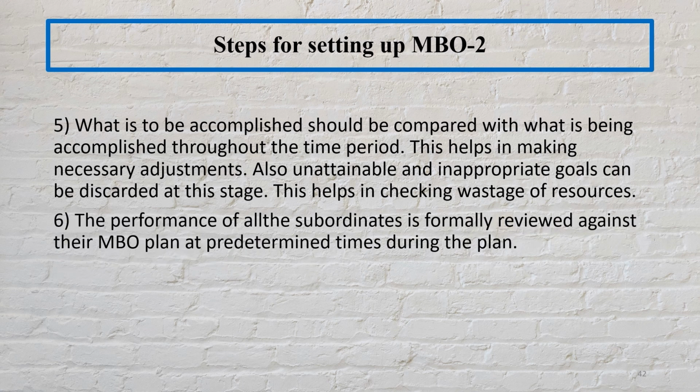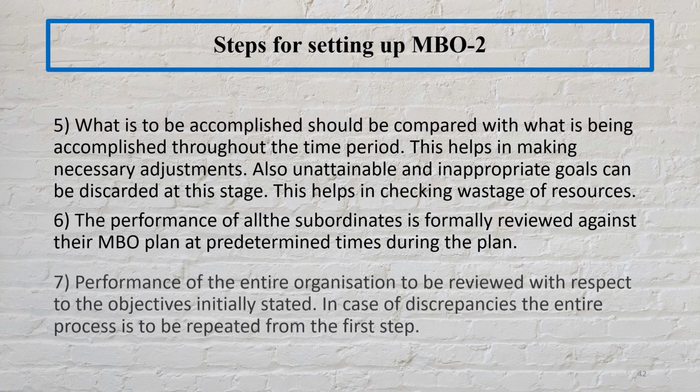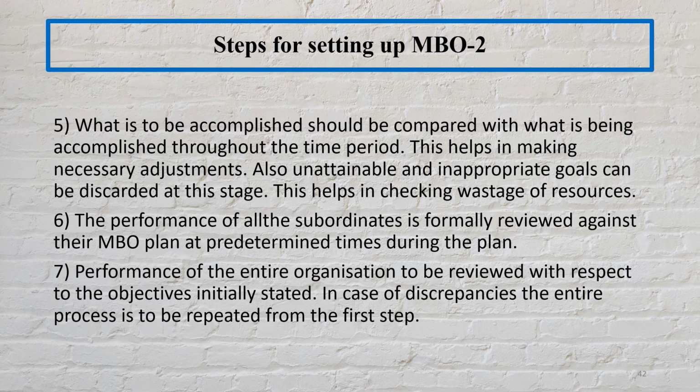The performance of all the subordinates is formally reviewed against their MBO plan at predetermined times during the plan. Performance of the entire organization is to be reviewed with respect to the objectives initially stated. In case of discrepancies, the entire process is to be repeated from the first step.